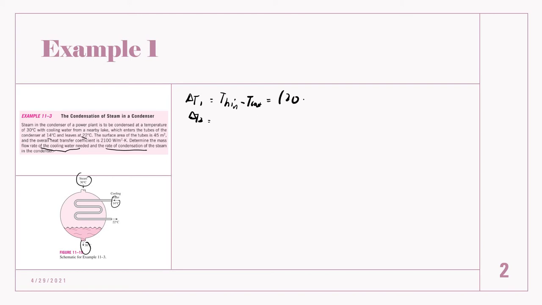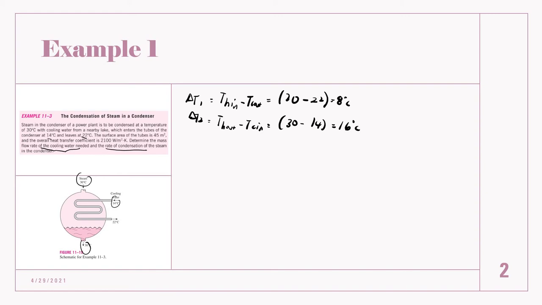TH in is 30, TC out is 22, so the answer is 8 degrees Celsius. Delta T2 is TH out minus TC in. TH out is 30, TC in is 14, so it's 16 degrees Celsius.